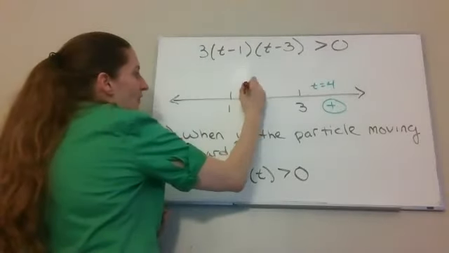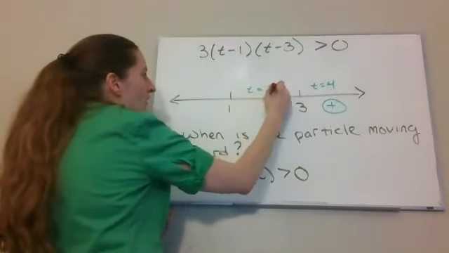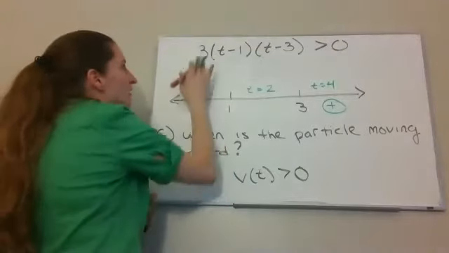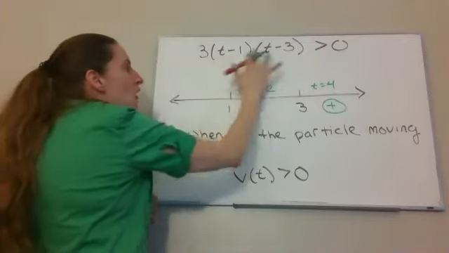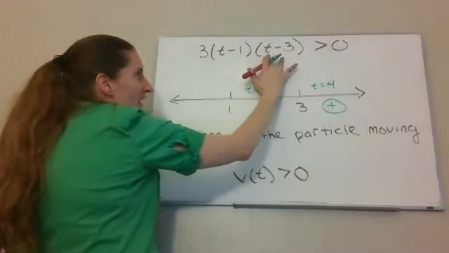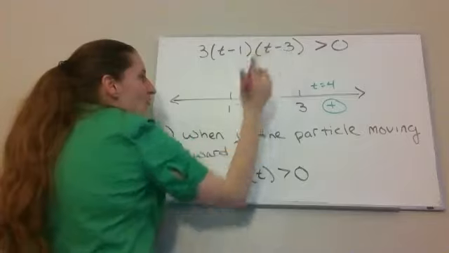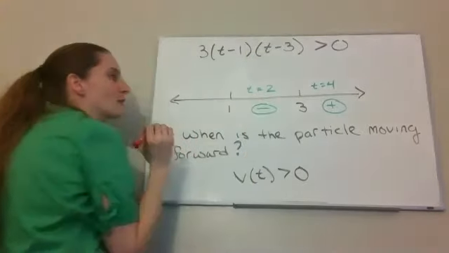If I plug in something between 1 and 3, let's just use 2. 3 is positive, 2 minus 1 is positive, 2 minus 3 is negative. Positive times negative is negative.